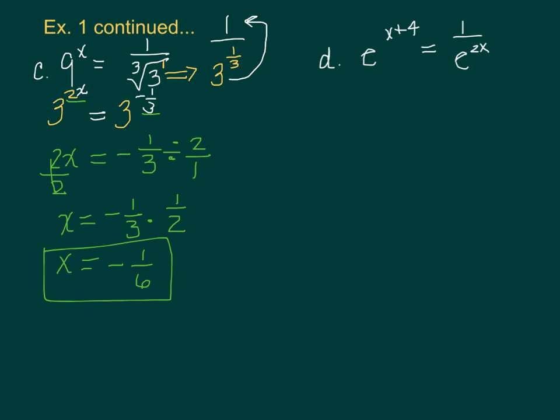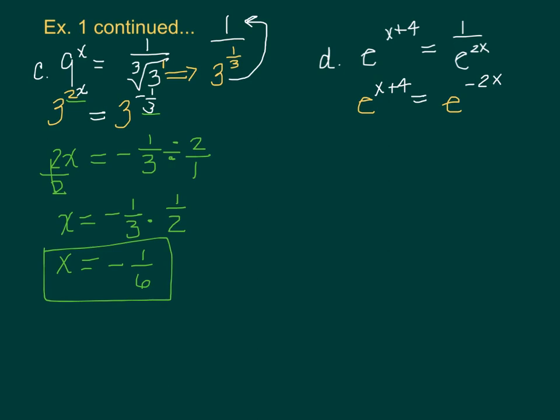And then on the other side, for D, my left side looks good. So I don't have to worry about this base because there's nothing I can do. And remember, if it's in the denominator, to rewrite it so it's not a fraction anymore, that means your exponent is negative 2x.